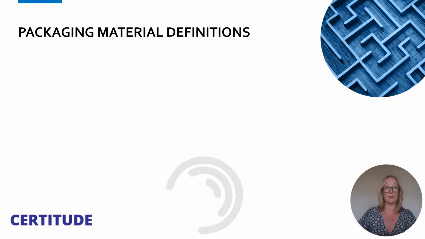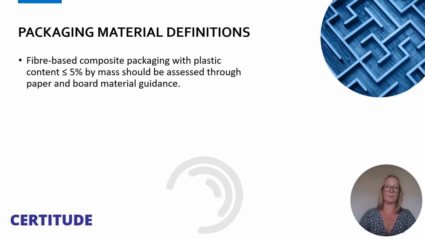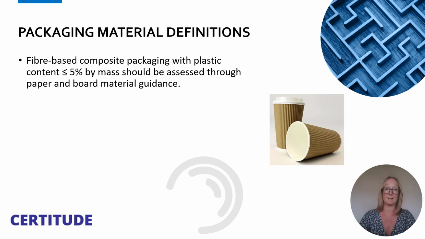Now, you would have thought that determining the packaging material category would be easy. However, yet again, there are some specific definitions and rules to be aware of. For example, fibre-based composite packaging that has a plastic content of less than 5% biomass should be assessed through the paper and board guidance.